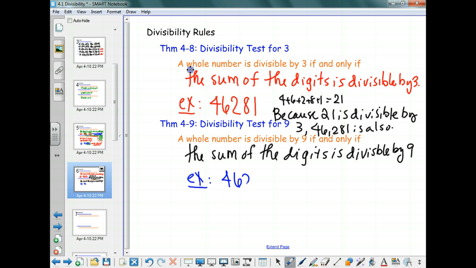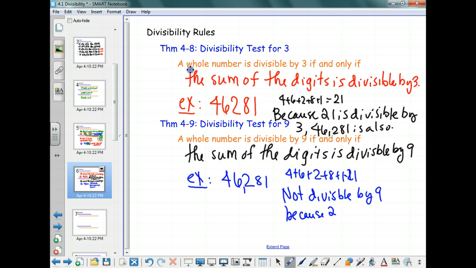So if I did 46,281 and I added them together and I got 21, the answer is that it's not divisible by 9 because 21 is not divisible by 9.